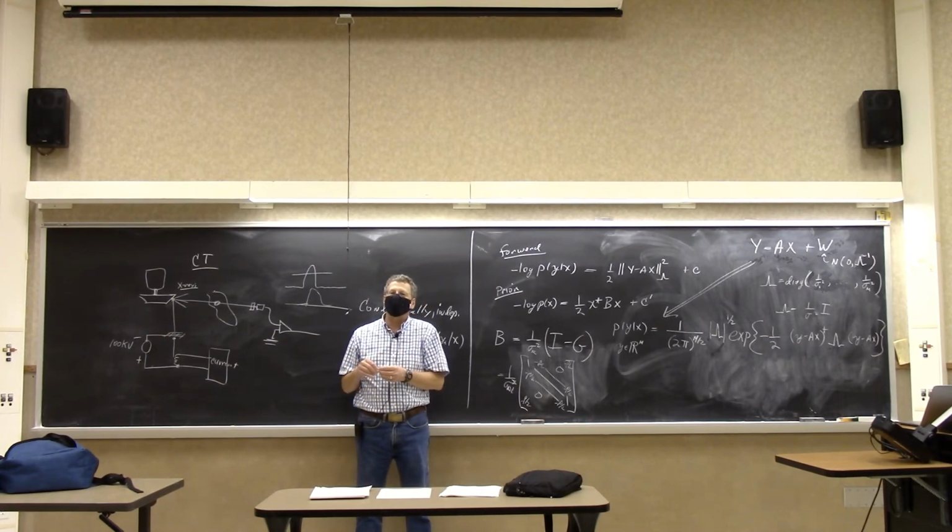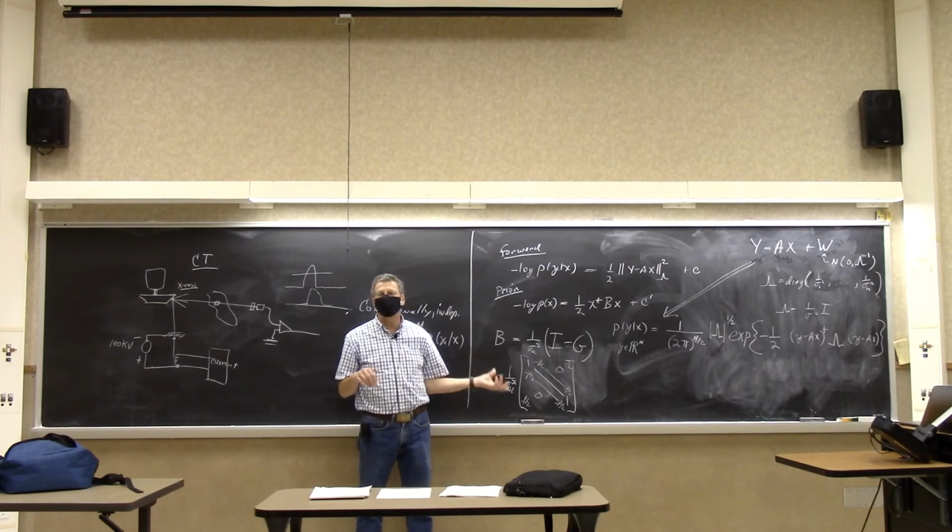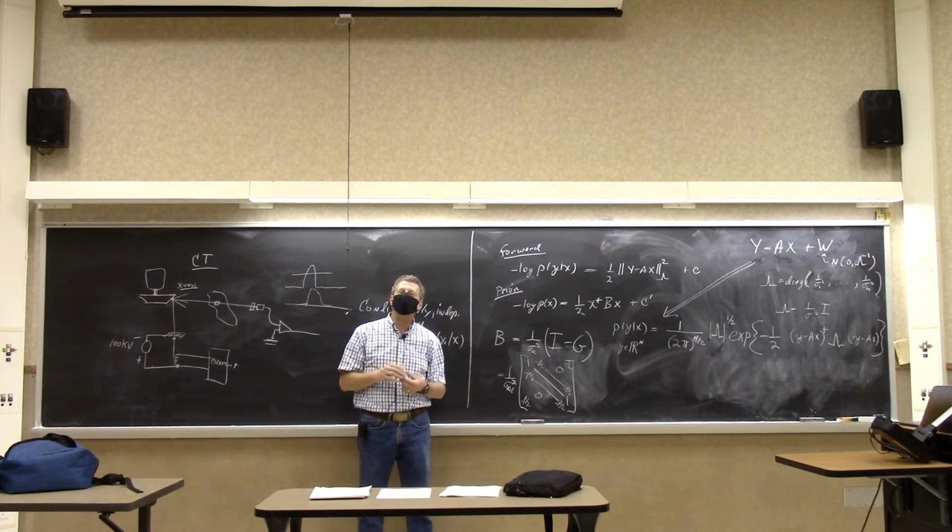What are the eigenvalues of the matrix if it's circulant? It's just the DFT of what? What does a circulant matrix represent?